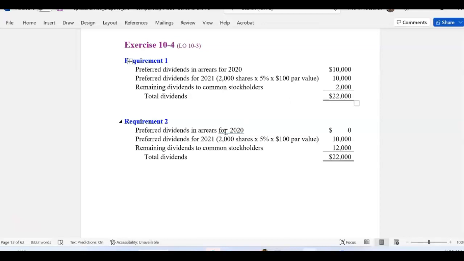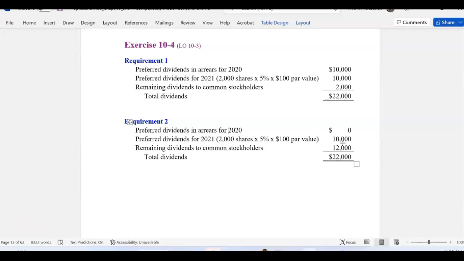However, if it is non-cumulative, then the preferred dividend in arrears of 2020 is history, it is gone, lost. Sorry, you don't get anything. But the shareholders for 2021 will get that dividend that they deserve because it has been declared.